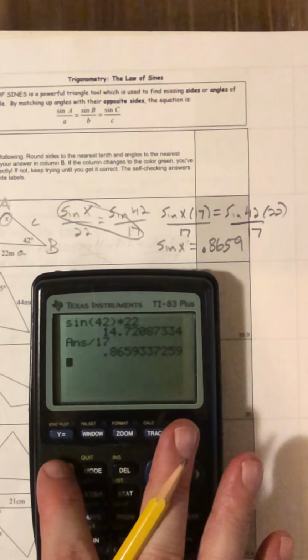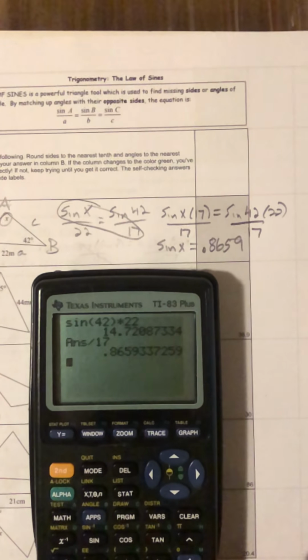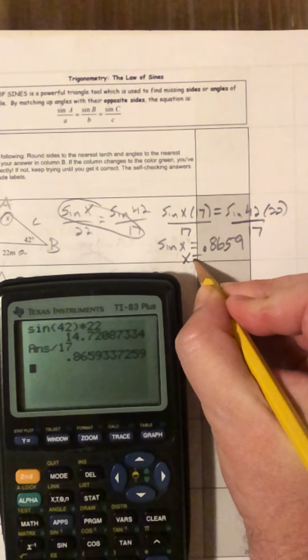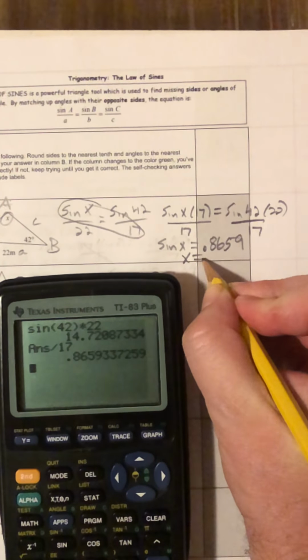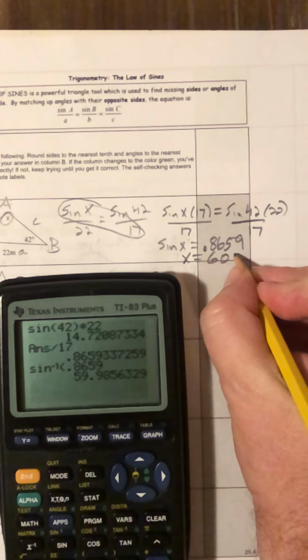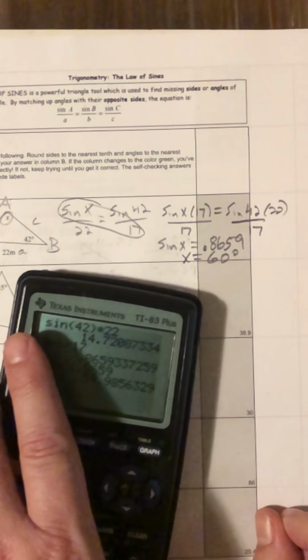You have to hit the second key and then sine, and then enter in the decimal. On Desmos, you can do that by hitting the FUNC button on the Desmos calculator, and it'll bring up the inverse trig functions. So if I hit the second key and sine, and then enter 0.8659, my angle is going to be about 60 degrees. So it's going to be approximately 60 degrees.